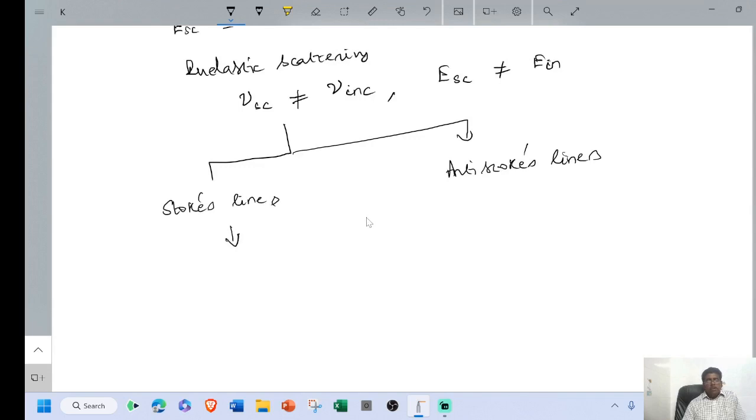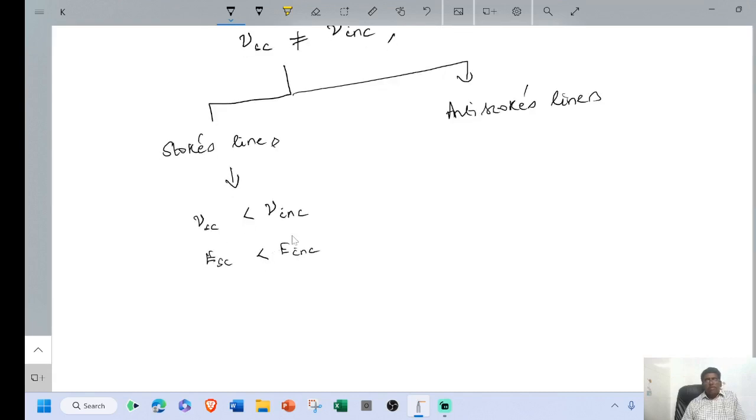In the case of Stokes lines, the frequency of the scattered radiation is lesser than the frequency of the incident light, which means that energy of the scattered radiation is lesser than the energy of the incident light. During this process, the incident radiation provides some amount of energy to the scatterer.